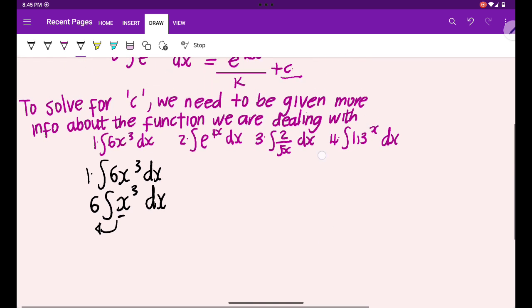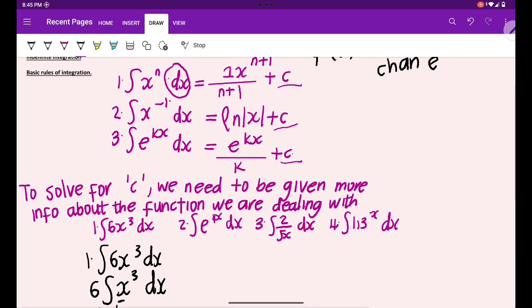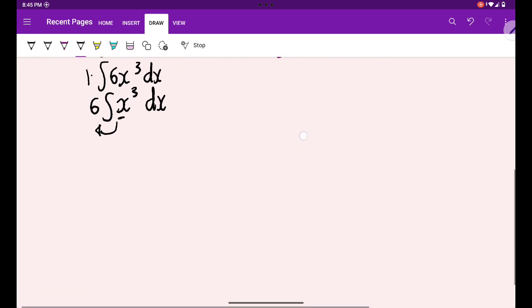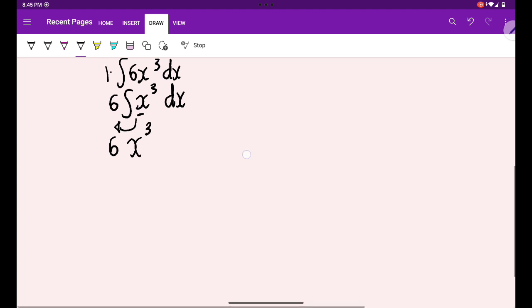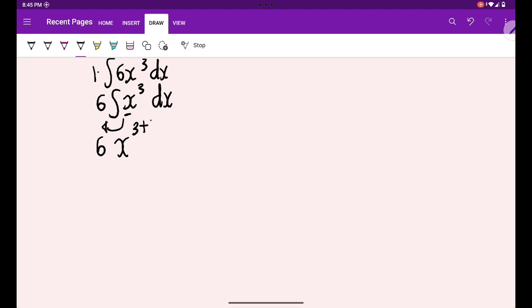Now I'm going to apply the first rule of integration, which says if you have x to the power of n, write the function as it is, add 1 to the power. So it's going to be 6. And now that I'm integrating, I let go of the integral sign, write the function as it is, add 1 to the power, and now divide by what the power is, right?